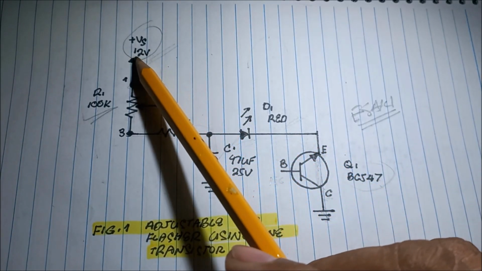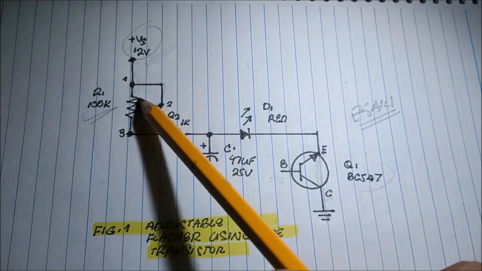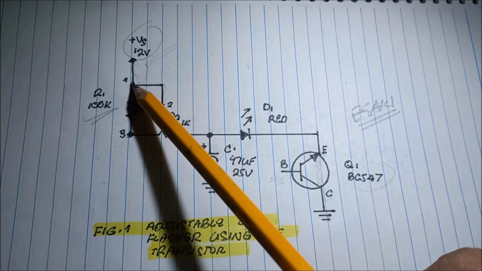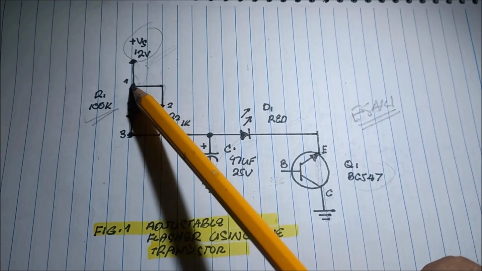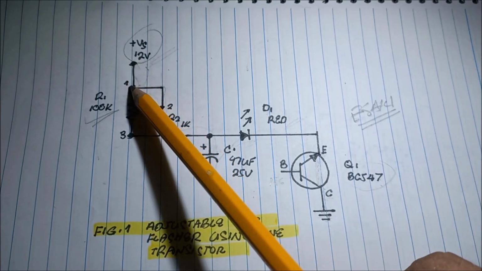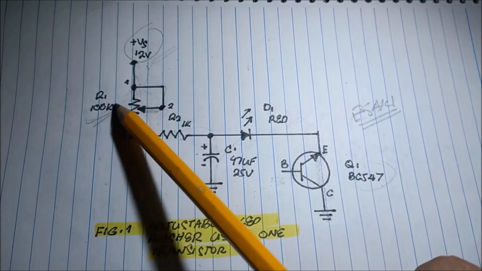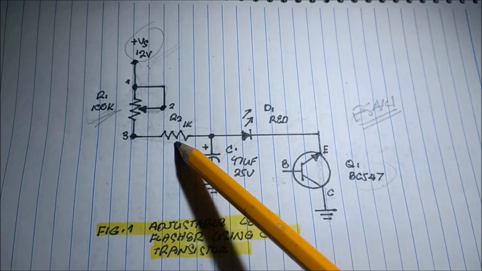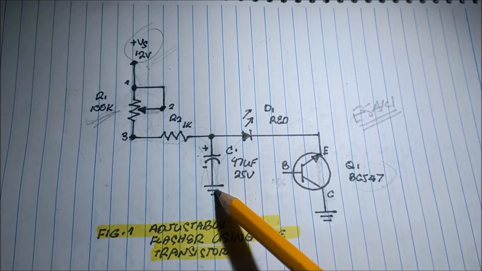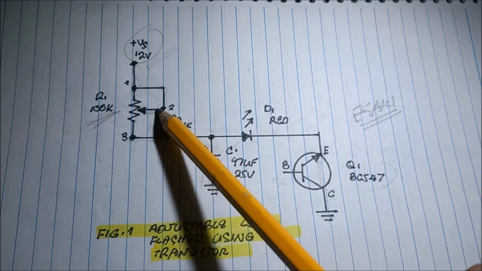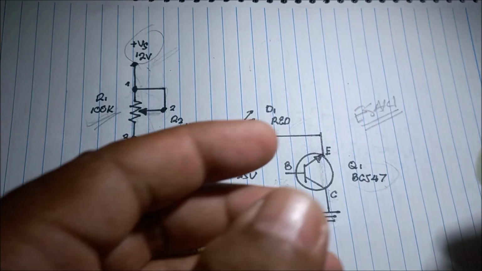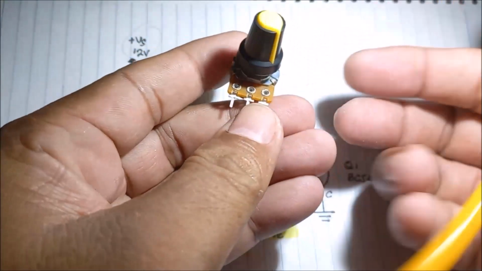So when we have the power and our wiper connected to one, the current flows into the resistor R1, then to R2, causing this capacitor to charge. Let us see the potentiometer here.